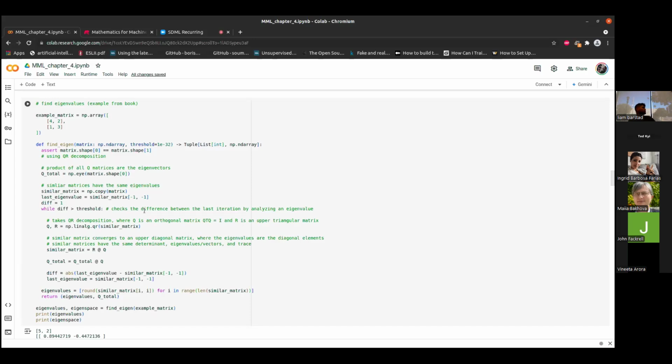So if you'll remember that A equals P minus 1 DP, D is similar. So D has the same eigenvalues, the same eigenvectors. So instead of minimizing the function itself and trying to find the roots, we minimize it more or less as a matrix all at once. How we do that is we get this QR decomposition with this basis and this R, which is a similar matrix, and then we put it through the reverse.